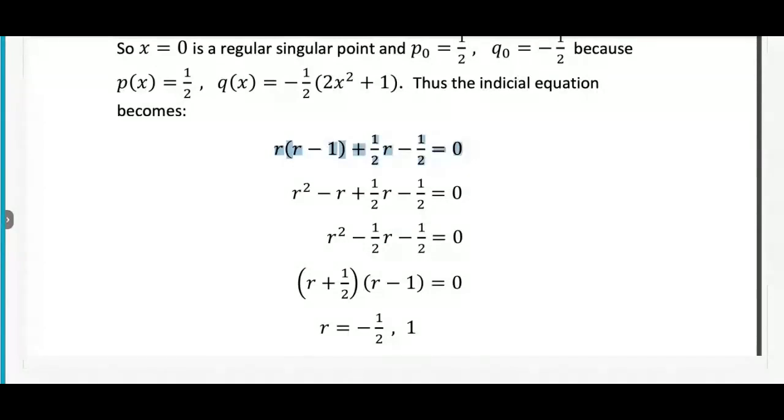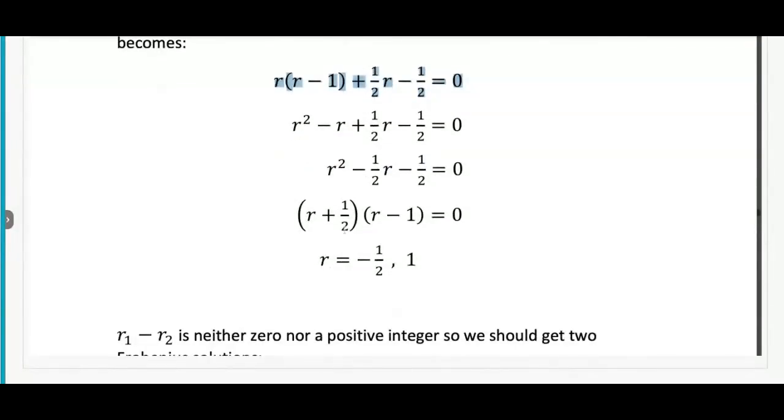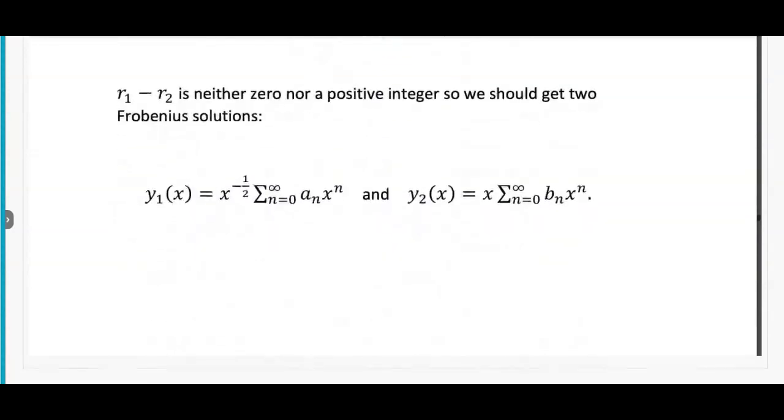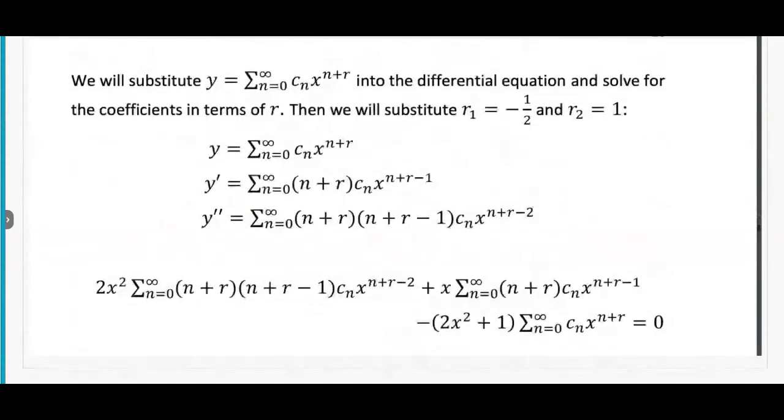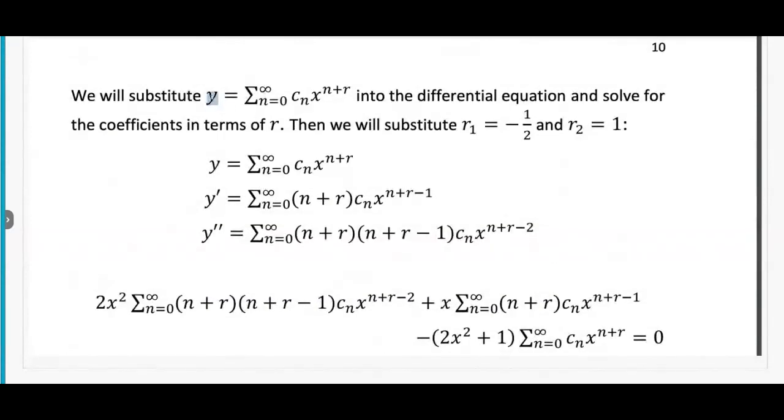So we use this initial equation and we factor out, we get two solutions for r, -half and 1. Then we just guess a solution to be like this. But before it's x raised by n, but now we multiply x raised by r with our infinite series.